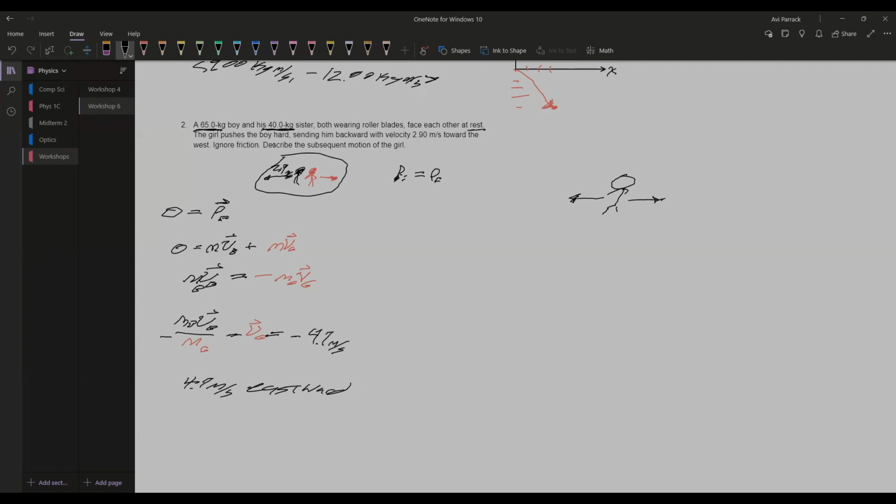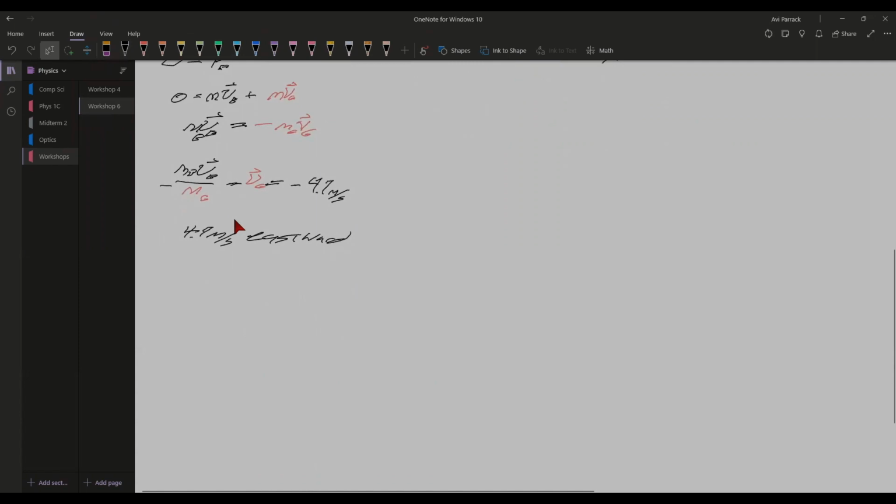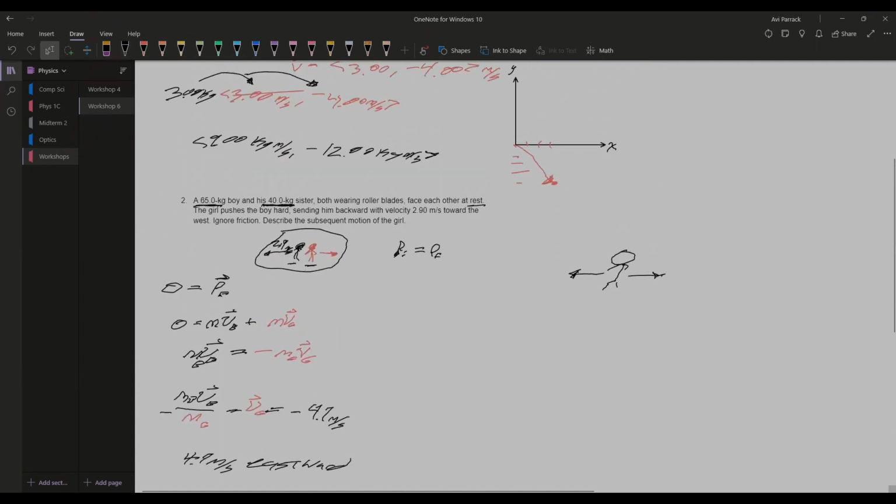It's easier, in other words, to change the speed of the sister than it is to change the speed of the boy, to change their velocities. That is exactly what we would expect. Let's take a look at the next one.